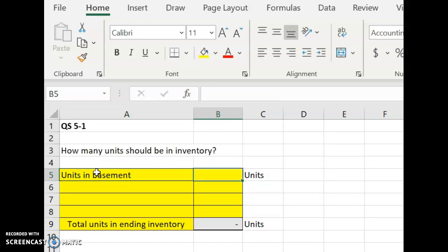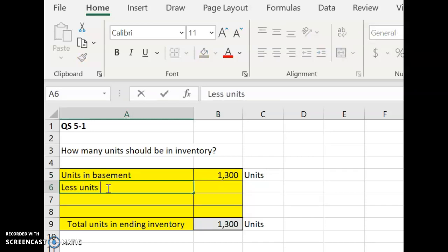Units in basement, 1,300. But we know that we have some damages there, so we'll take those out. So minus 20. The goods that are in her van, it's FOB destination. That means she owns them until she delivers them to her customer. So we do include those.